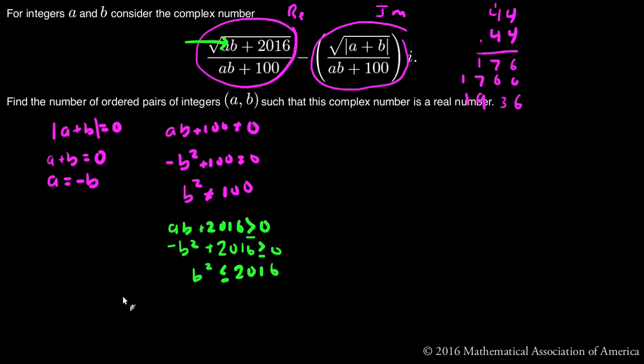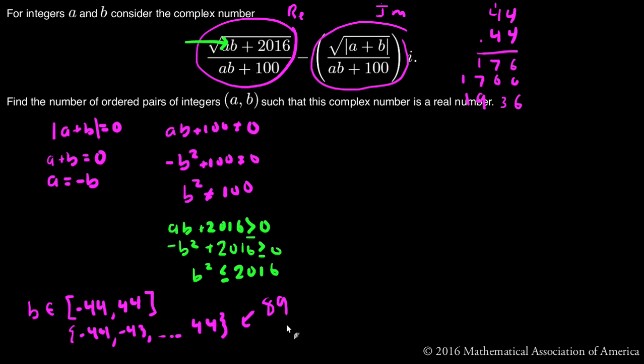So I know that b is somewhere in negative 44 up to 44. And really, I'm only considering integers, so negative 44, negative 43, all the way up to 44. And there are 89 of these.